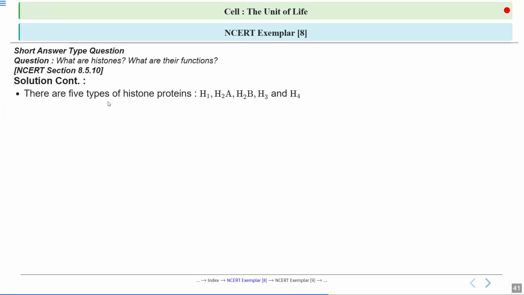So there are 5 types of histone proteins: H1, H2A, H2B, H3 and H4. Now you take H2A, H2B, H3 and H4, each 2 molecules. So it will become 8 molecules. But H1 is present as a single.